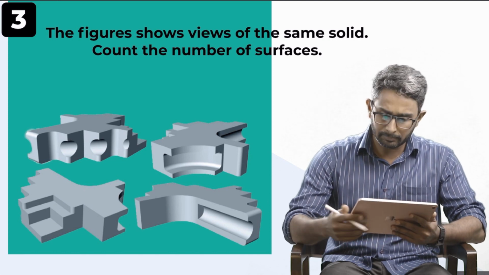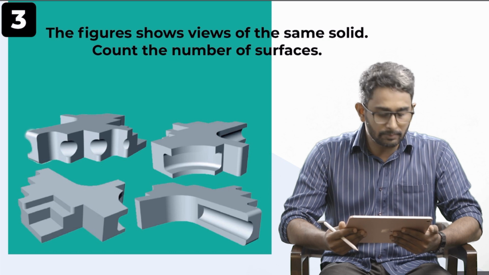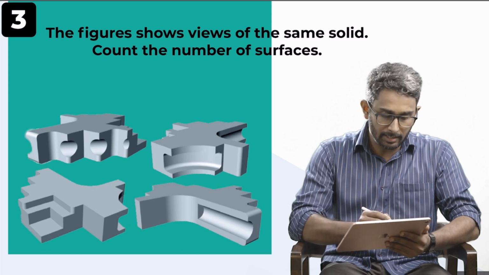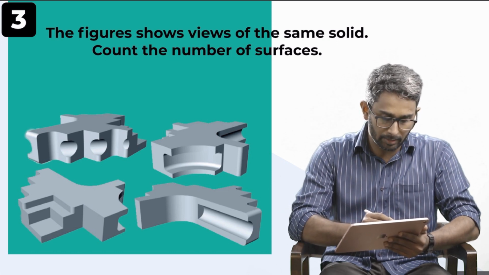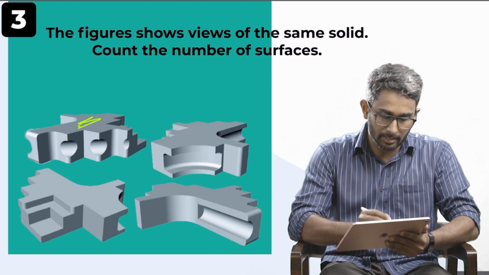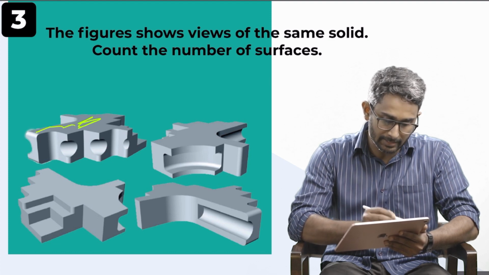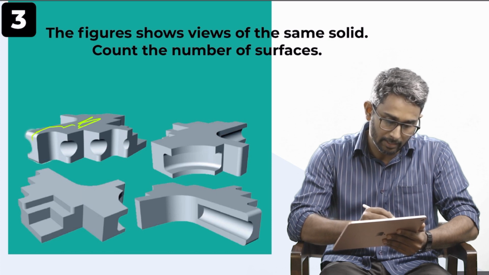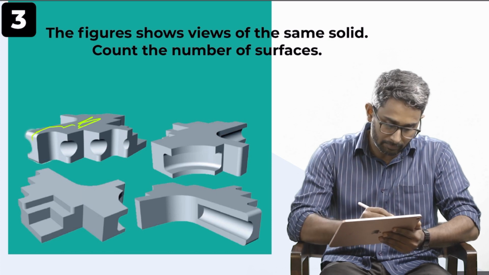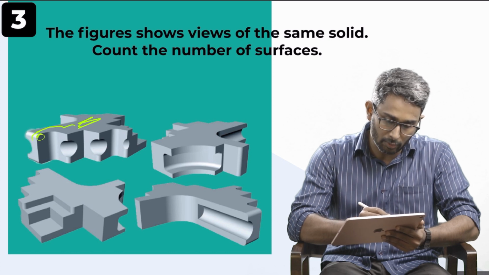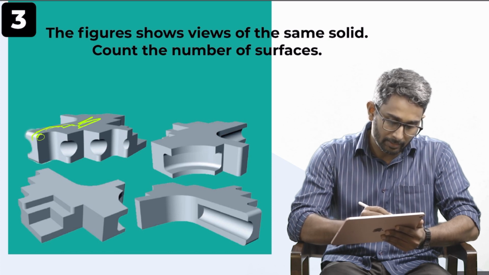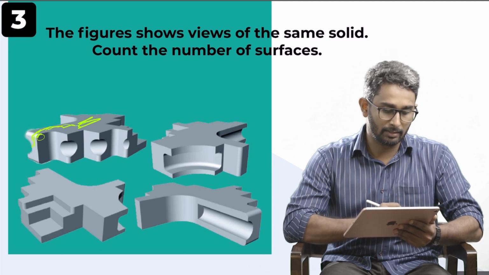For example, if you observe the top surface, you can see a curvature over here. This top surface is extending towards this side because of the curvature here. So because of the curvature, the top surface is expanding or continuing to the side as well.